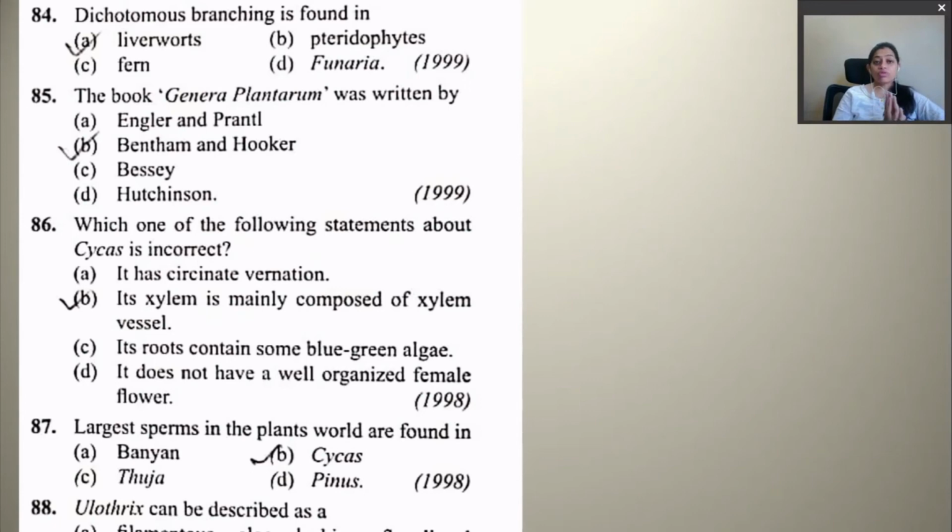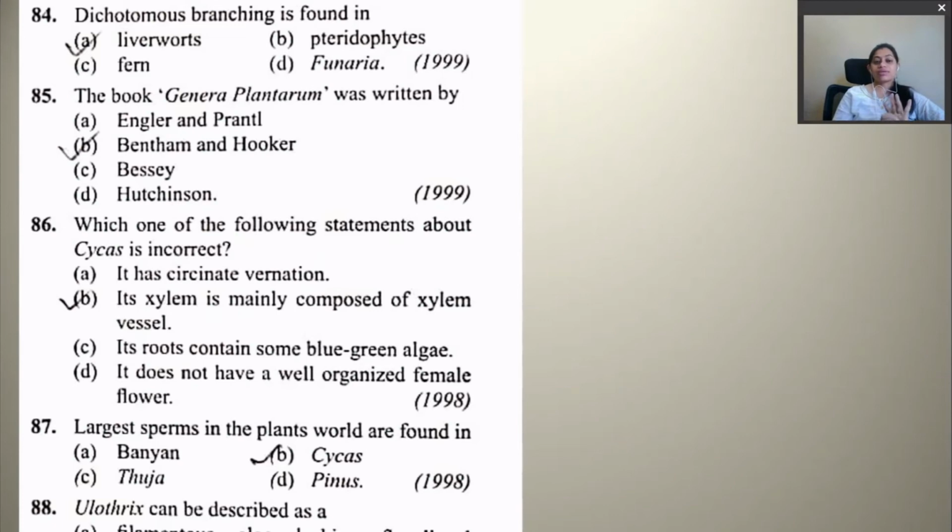Which one of the following statements about Cycas is incorrect? It has pinnate venation. Its xylem is primarily composed of xylem vessels. Its roots contain some blue-green algae. It does not have a well-organized female flower.